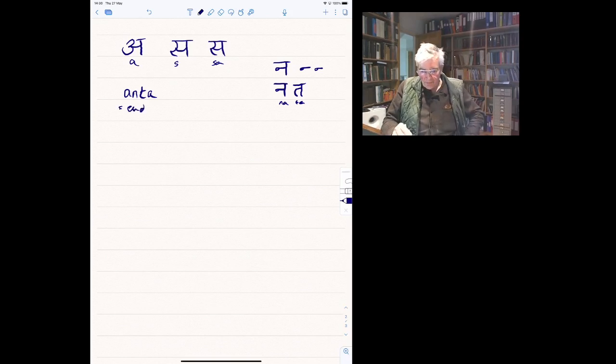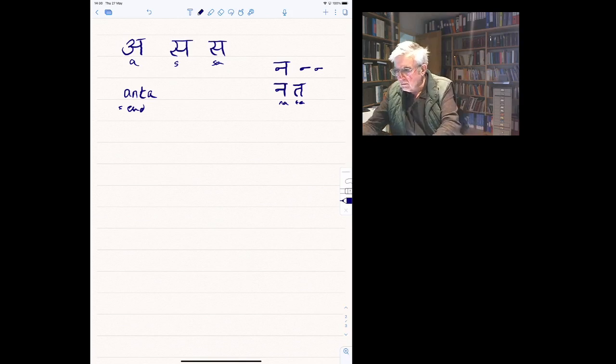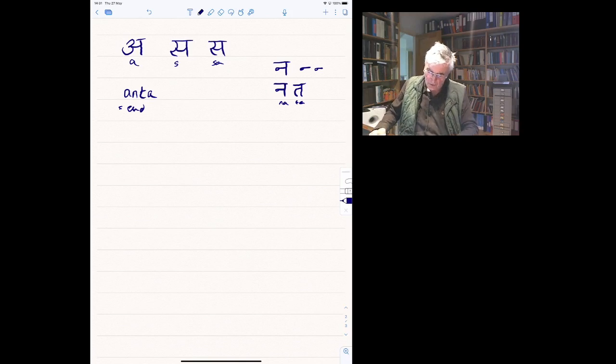So this word begins with a vowel. Sorry for that sudden break there, which is part of the clunkiness. I thought for a moment I'd cancel this recording, but I haven't. So anta, it begins with a vowel, the vowel a.